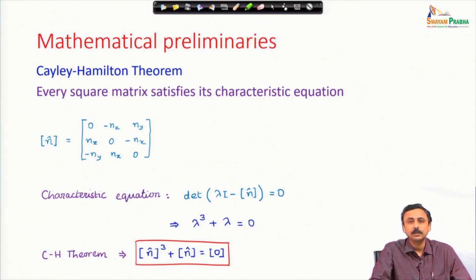It appears in various places. So, this is the result from Cayley-Hamilton's theorem. This tells us how, if I keep multiplying the n to itself, I can simplify. As soon as I reach n cube, I will write it as minus n. That is what it is. N cube is actually minus n, Rodrigues form.